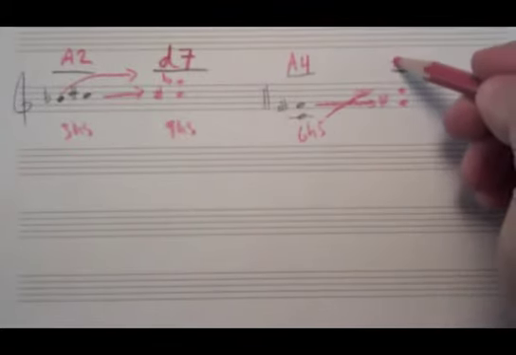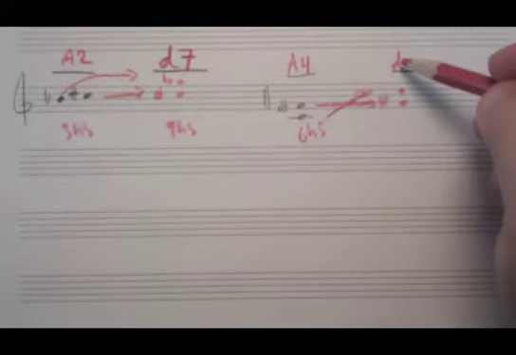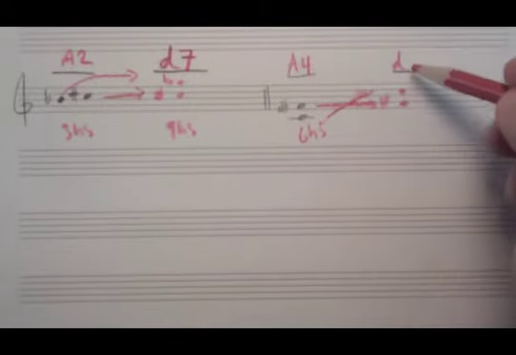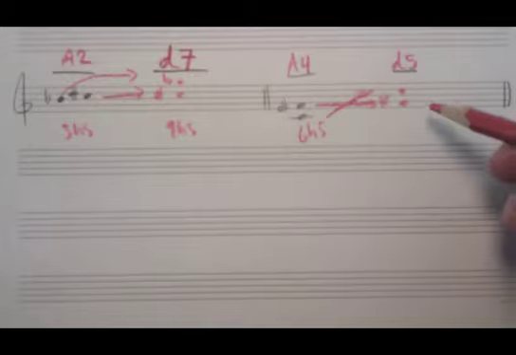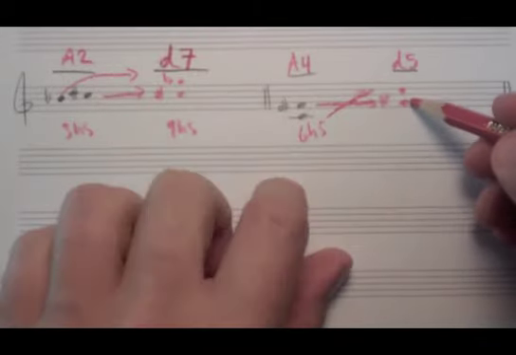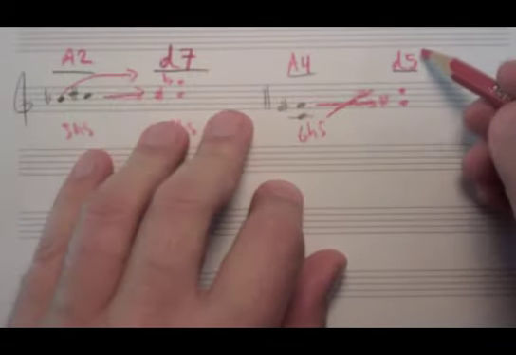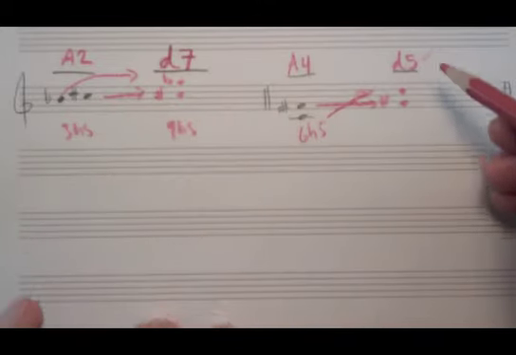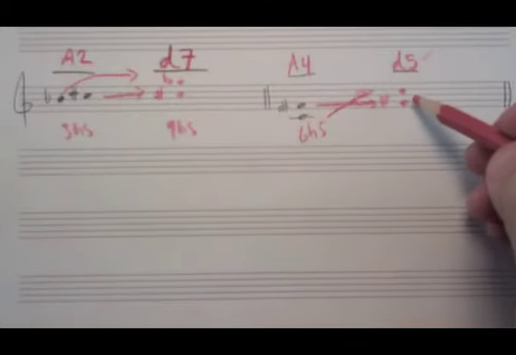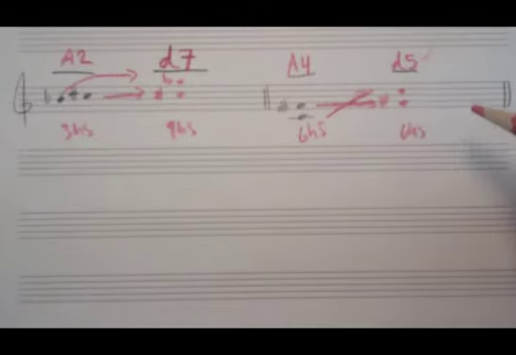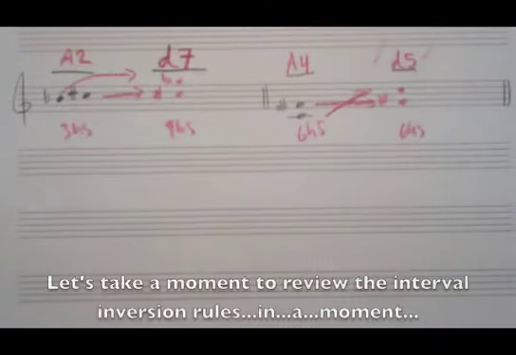I'm going to guess that augmented is going to invert to diminished because it always does, and fourth inverts to fifth. If we check it out, F, G, A, B, C, so yes, some kind of fifth. If we count F sharp to C on the piano, 1, 2, 3, 4, 5, 6. 6 half steps, and indeed it is a diminished fifth.